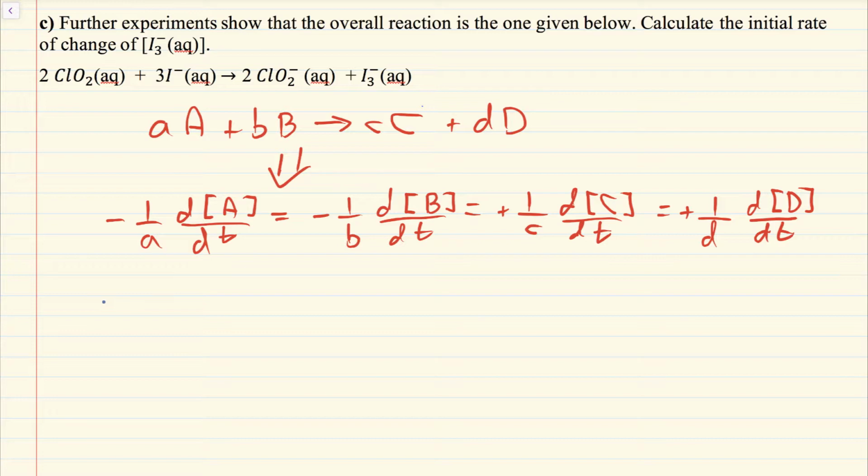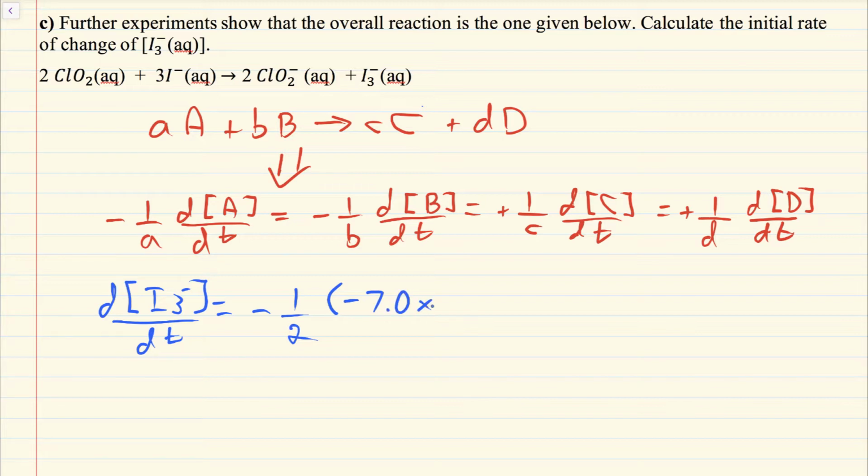So the rate of change of I3- with respect to time is equal to negative 1 over 2 multiplied by the rate of change of chlorine dioxide, which we calculated to be negative 7.0 times 10 to the negative 4 molars per second.